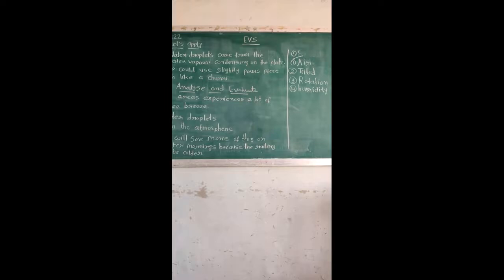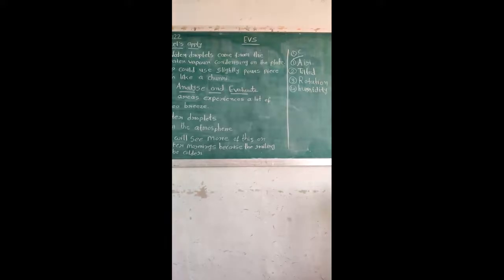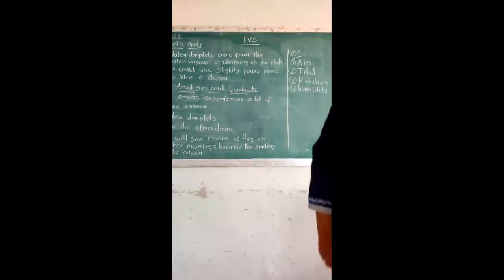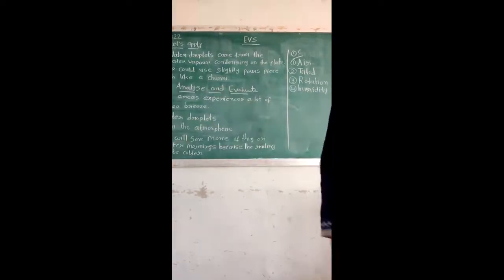So the answer is water droplets came from the water vapor condensing on the plate. Now question number 2. Pradeep cannot find filter paper in the market. What else can be used instead? See, in the filtration process, we use filter paper, right? But Pradeep cannot find filter paper in the market. So what should we use instead? The answer is, Pradeep could use a slightly folded piece of cloth like a chunni.